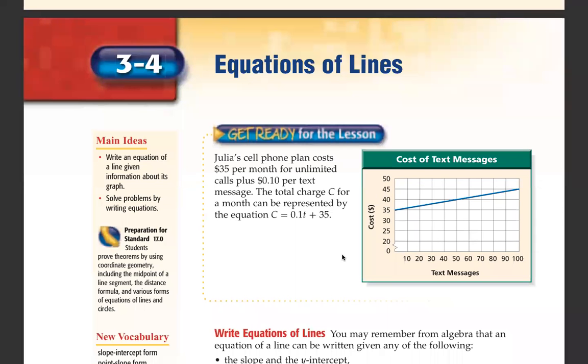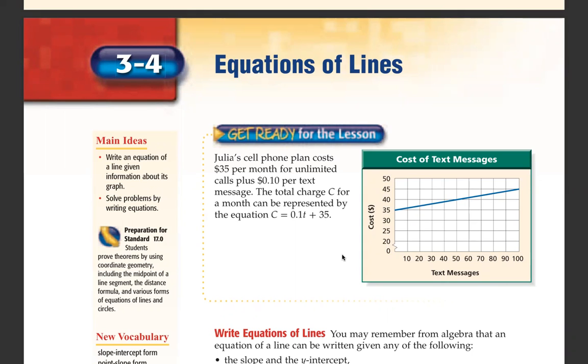So today's lesson is about equations of lines. So what is an equation of a line? We are talking about lines that are graphed in a coordinate plane. Each of the lines that we see in a coordinate plane has its unique equation. Okay, so the equation represents those lines.